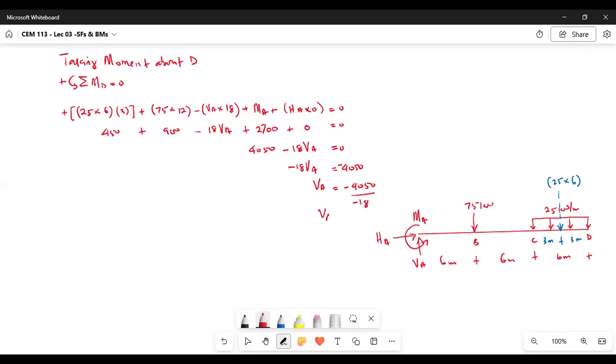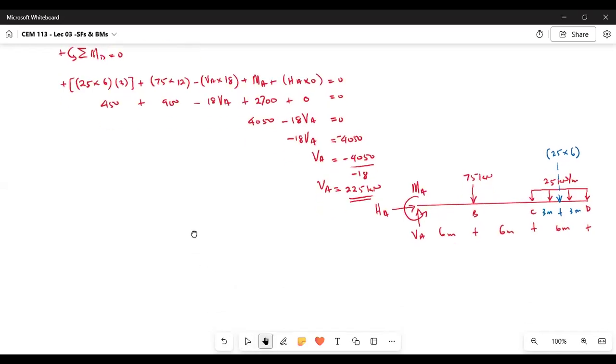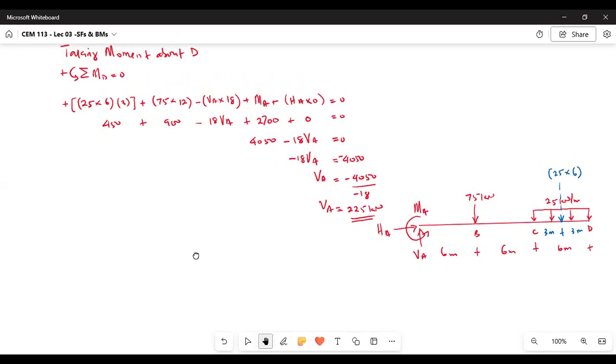So that VA is going to give us, hey, that's interesting, 225 kilonewton. You must note the units very well. If you don't use the appropriate units, it's not right.